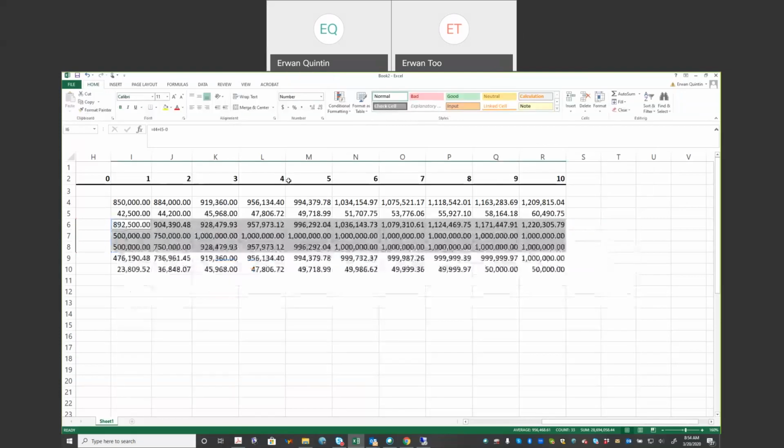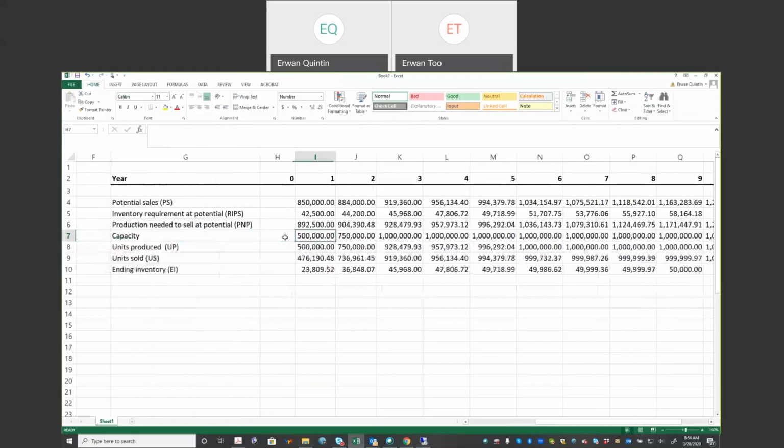And the final thing I'm going to do is I'm going to talk about the no hoarding assumption really quick. So what happens here, and we've already looked at it graphically, but I'm going to say this again, is in year 1 and in year 2, I would love to produce enough to meet my potential sales, but I can't. I can't because I'm constrained by capacity. So I'm doing the most I can. There is no more that I could produce. Once I get to year 3, everything is well.